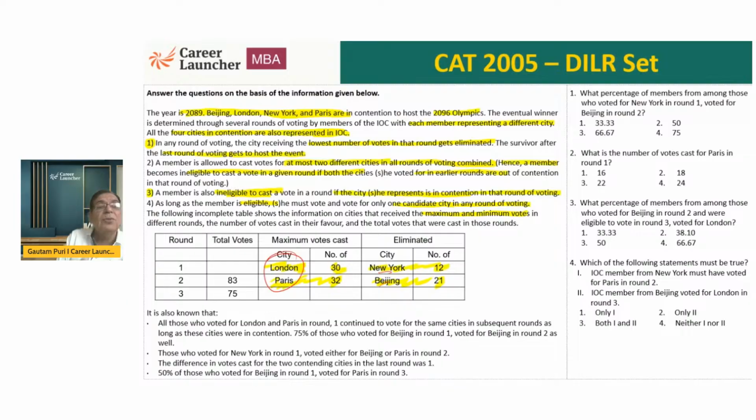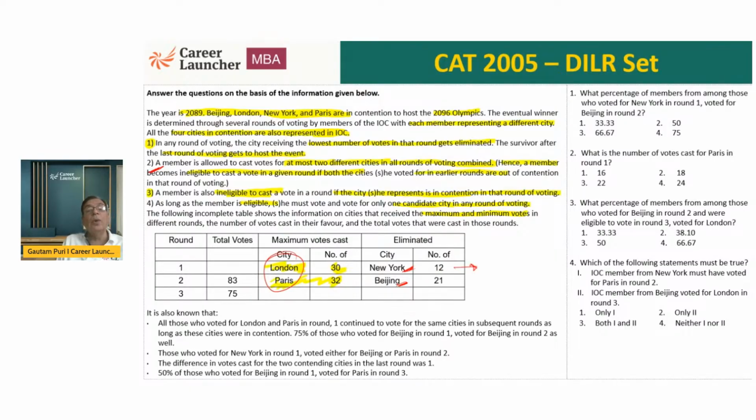Okay. Now, just to go back to statement 2, so that there's complete clarity. If a city voted for New York in round 1 and voted for Beijing in round 2, it will not be able to vote in round 3. Why? Because in round 1, when you voted for New York, it got eliminated.